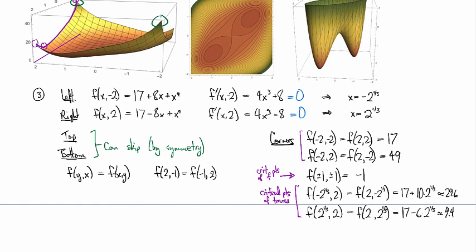And so now we just look for the biggest and smallest values on there. And so we see that the smallest value is -1 and the biggest value is 49. So we have a min and we have maxes. And so that's telling us that we have minimal points at the bottom here and here, and then maxima like we knew we were going to find at each of these corners.